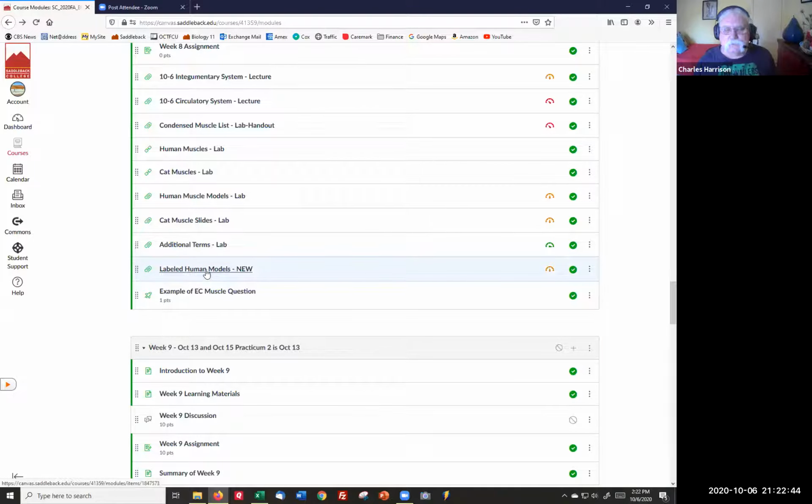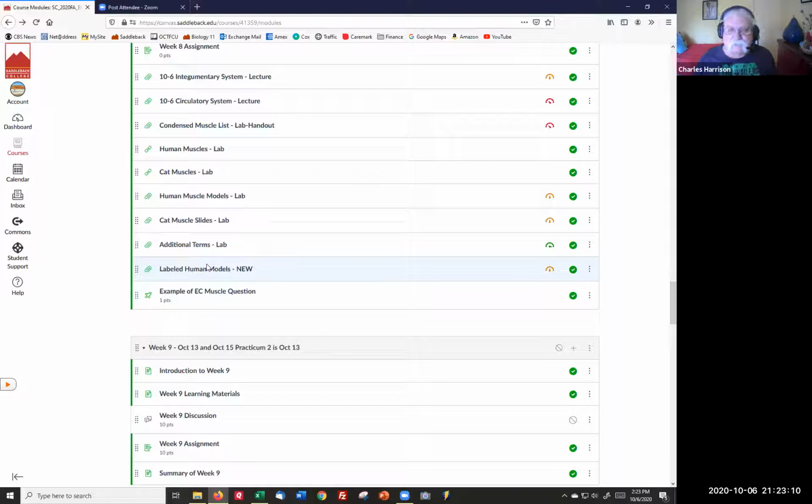I put together another page for you because I agree with you that the arm muscles on the model, when it shows only the elbow, you can't even tell sometimes which end the hand and wrist are on and which end the elbow is on.